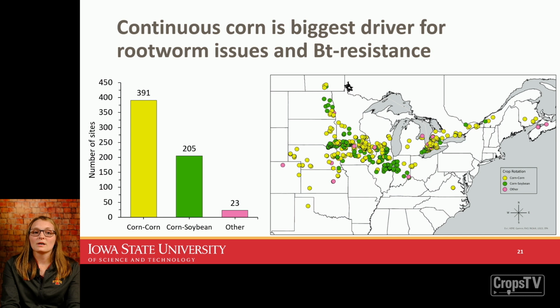And then some were in a corn-soybean rotation, and very few were in some other rotation. So maybe it was pasture the year before, or perhaps it was alfalfa, or maybe they didn't get to plant it for some reason. But it was some other crop rotation besides corn-on-corn and corn and soybean.